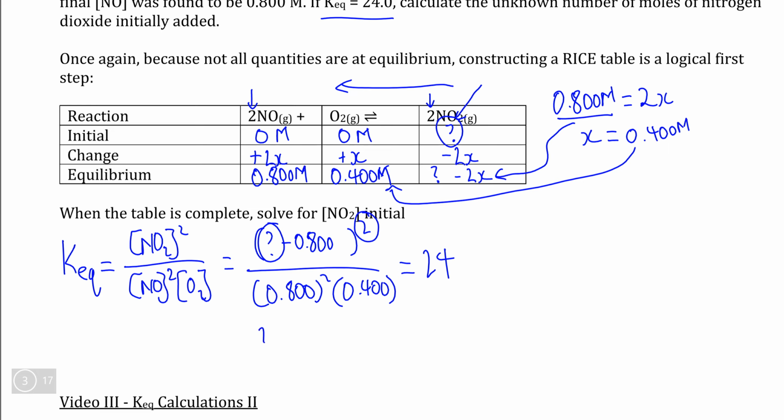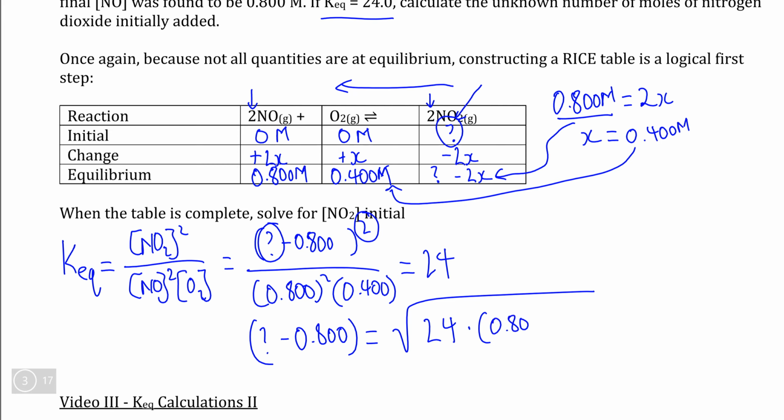So if we rewrite our expression, we would have our unknown initial quantity minus the 2x value, 0.800, is equal to the square root, to again remove the exponent here, the square root of 24 times the concentrations of our reactants here.